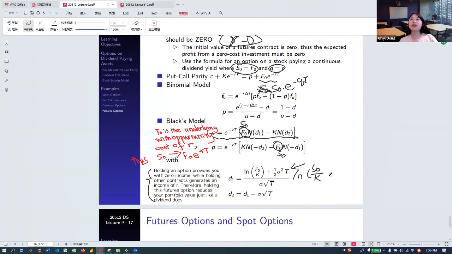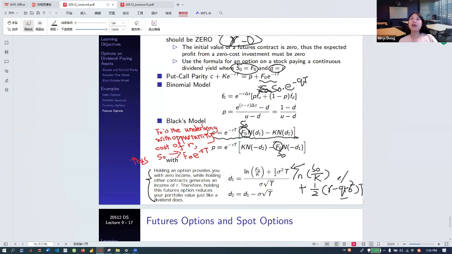So the original version is ln S0 divided by K plus, I'm only writing the numerators since the denominator is the same, ln S0 divided by K plus 1/2 times (R minus Q plus sigma squared) times T.